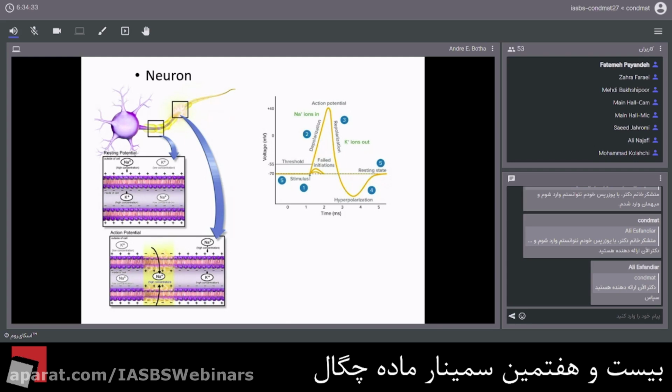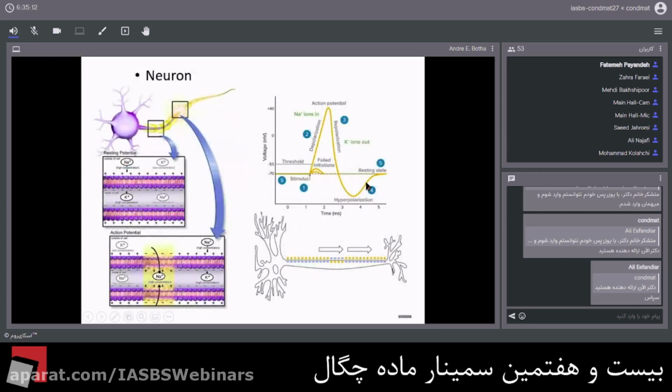In fact, there's a slight overshoot here, which is known as hyperpolarization, when there's an overcompensation that happens, but eventually the cell then reaches back to its resting potential. And this signal will then, as I said, be transmitted along the axon. So basically a very simplistic overview of that is shown in the bottom corner here, where you see the depolarization in the membrane traveling down the axon.